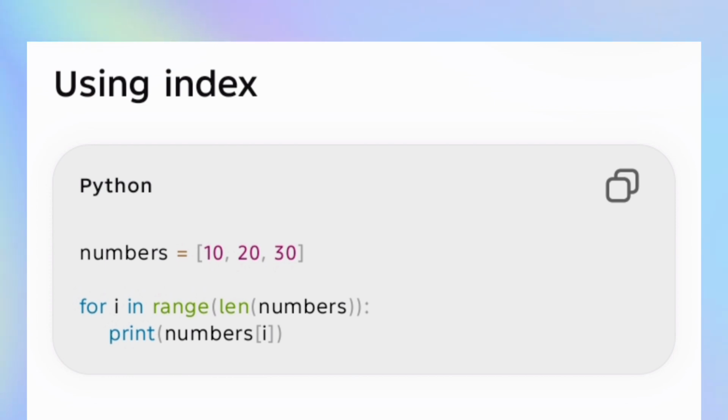Using index: numbers = [10, 20, 30], for i in range(len(numbers)): print(numbers[i]). Let's see the output, how it will work using the index.